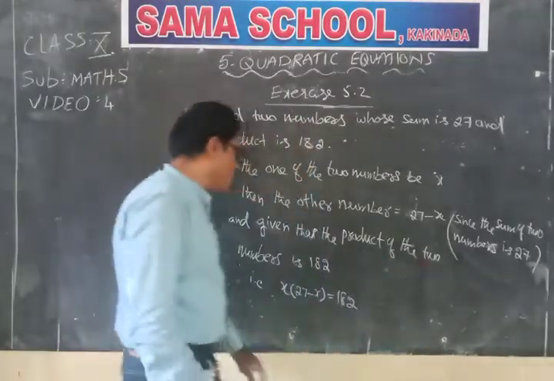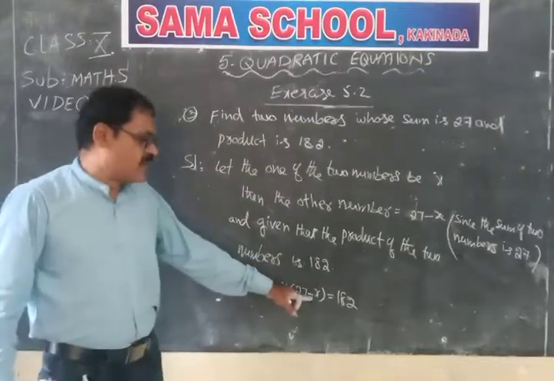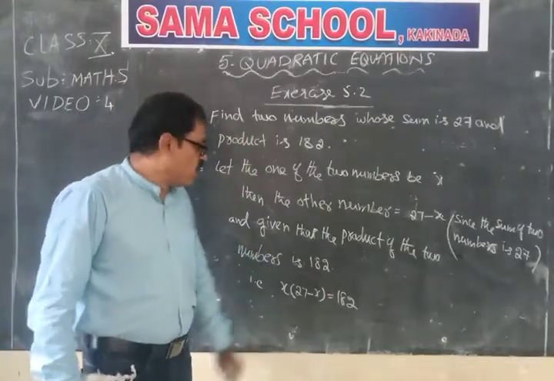This is the sum equation: x into (27 minus x) is equal to 182.